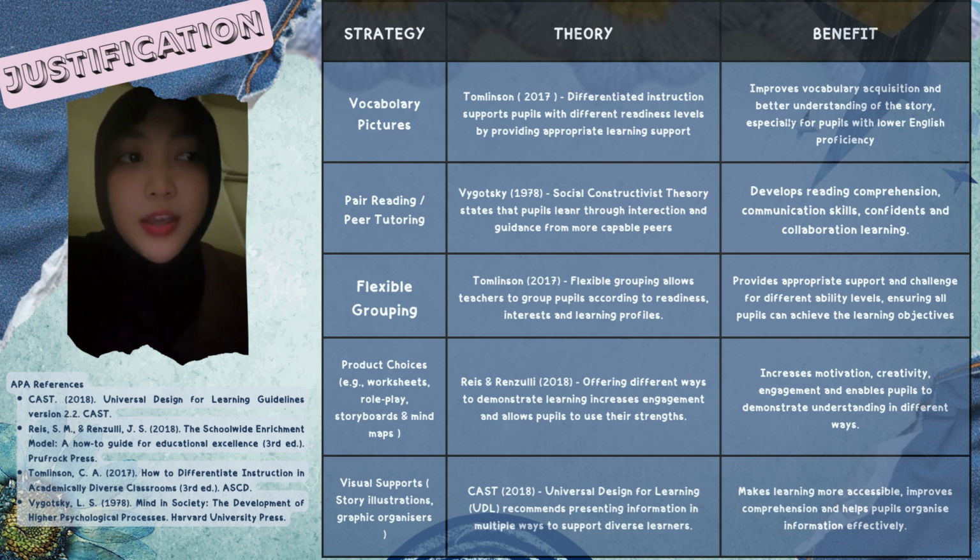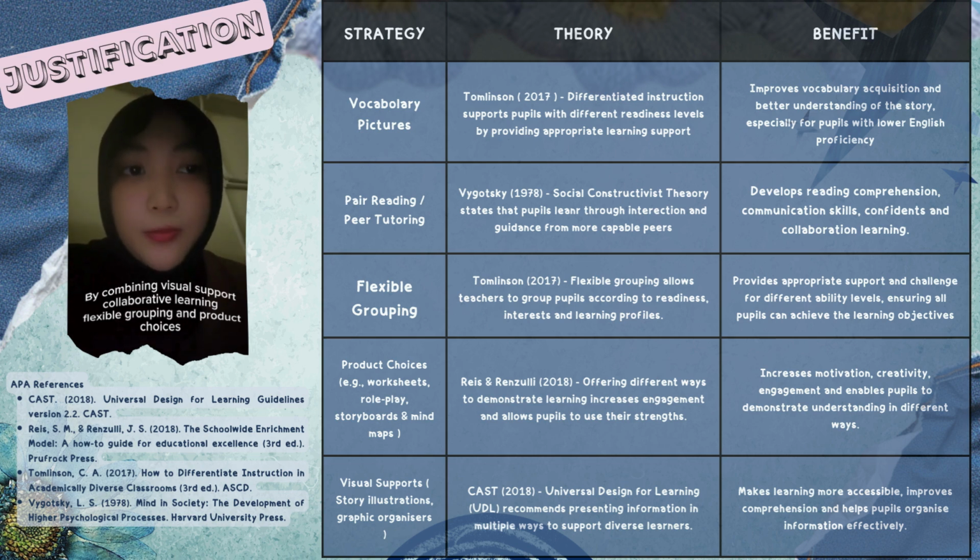Differentiating the content, learning process, and assessment allows all pupils to participate meaningfully, build confidence, and improve their reading comprehension. By combining visual support, collaborative learning, flexible grouping, and product choices, the lesson becomes more engaging, supportive, and effective for all learners.